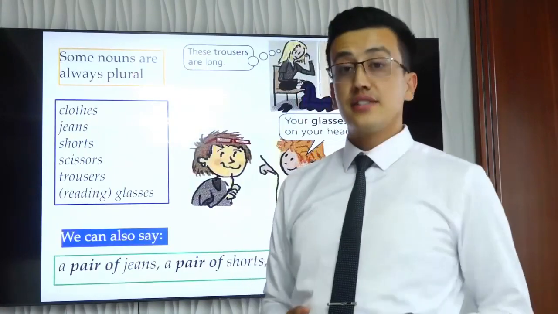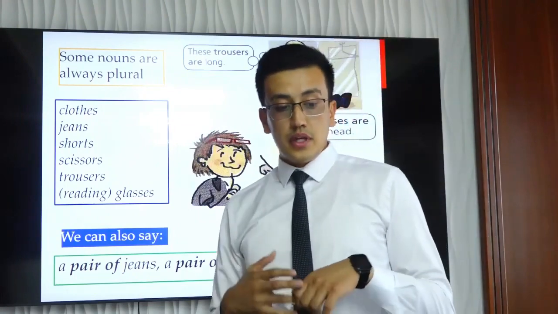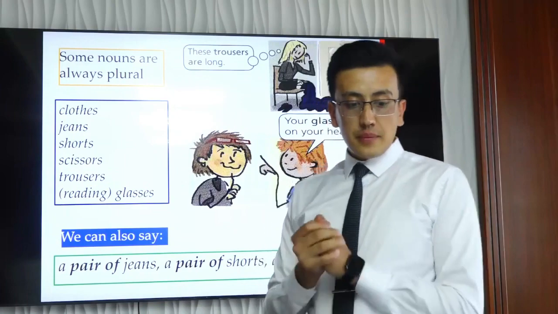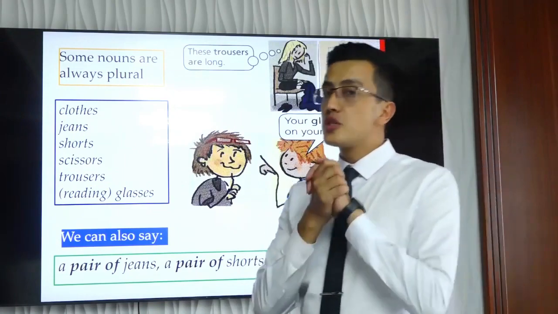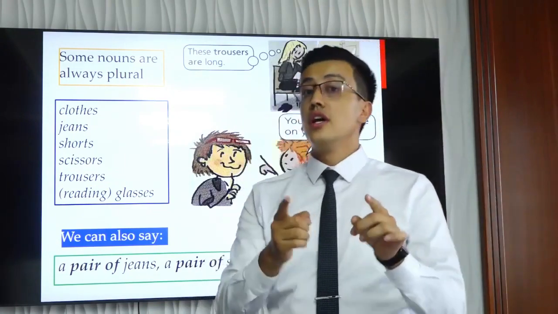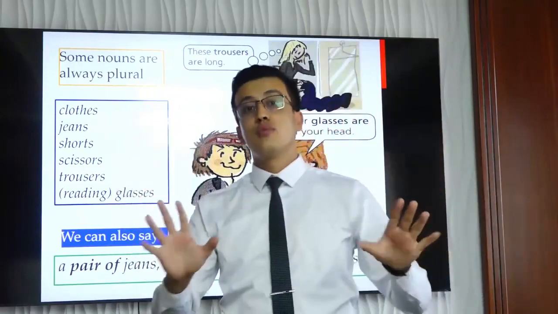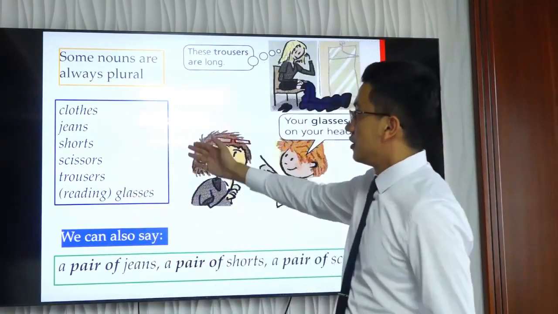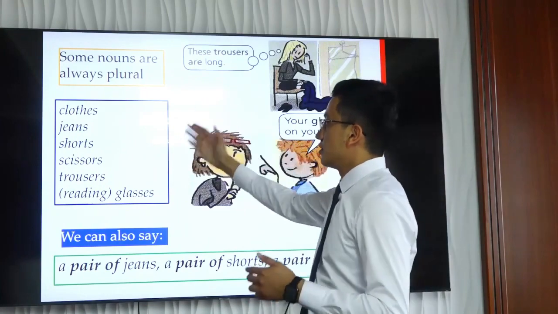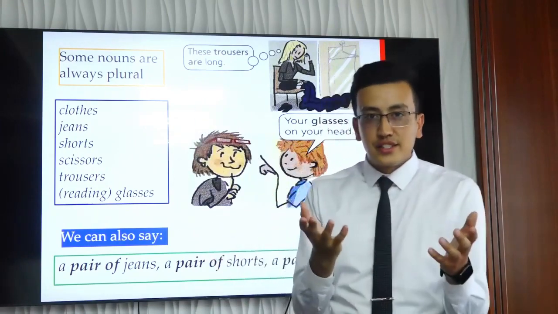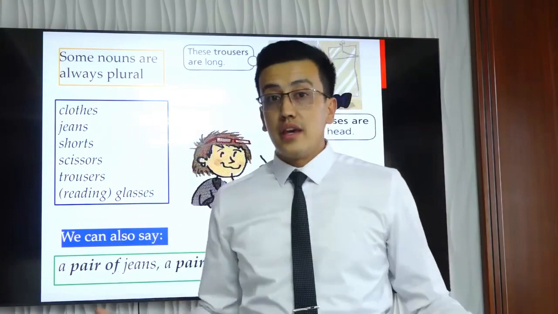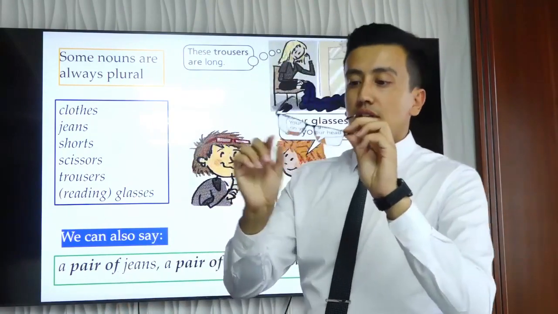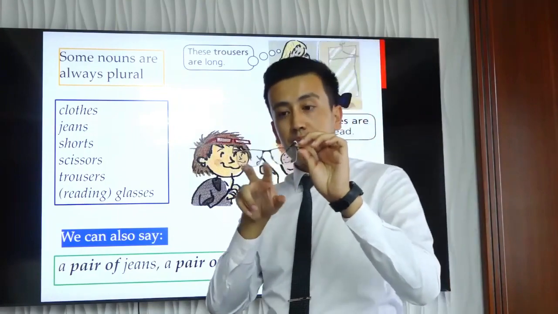And we have an exception in English, like in any other language. Some nouns are always plural. Attention, there is no singular form of these nouns. For example, clothes, jeans, shorts, scissors, trousers, and glasses. Why are they plural? Because, look at my glasses. Glasses have two sides, yeah?